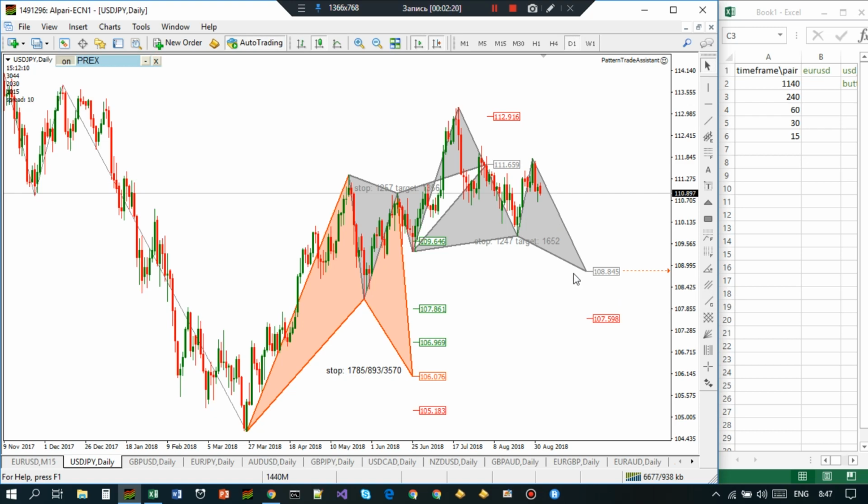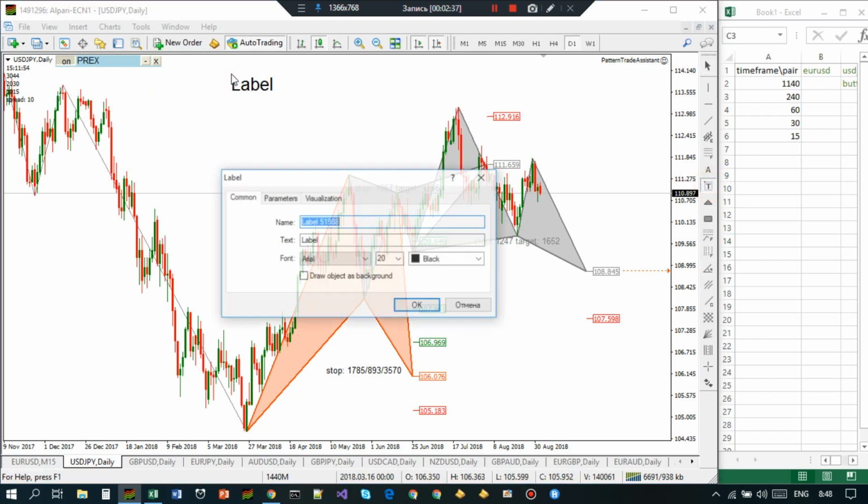Of course, sometimes you can enter trades with limit orders, sometimes you should wait for a confirmation, and there are 4 warning signs that will tell you when you should use a limit order or when you should better look for a confirmation. I will create labels so you have it on your screens.